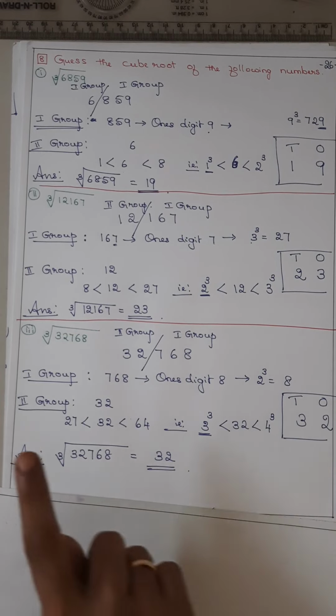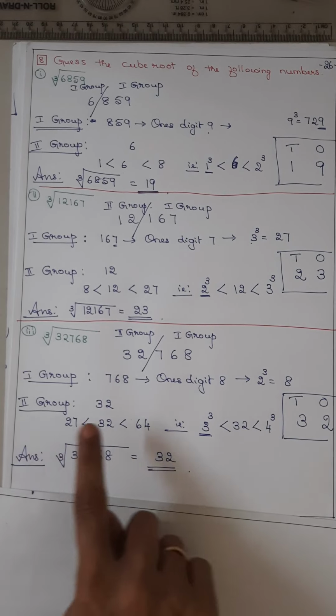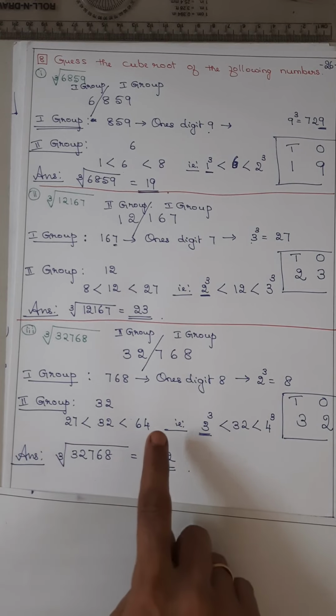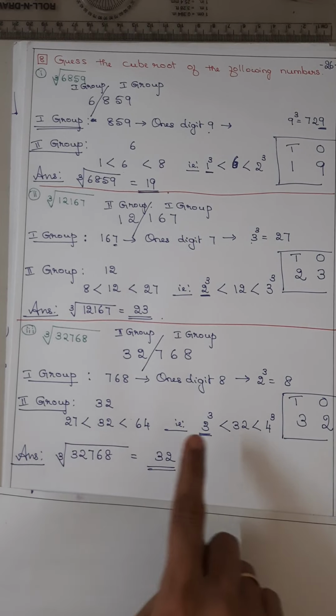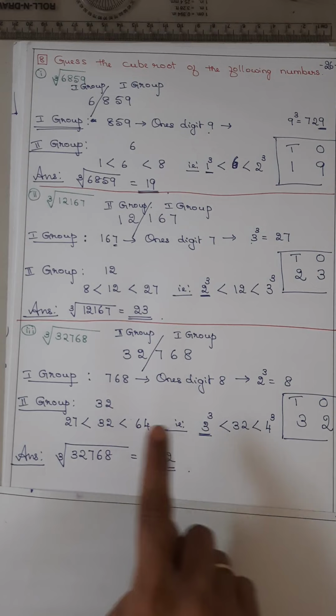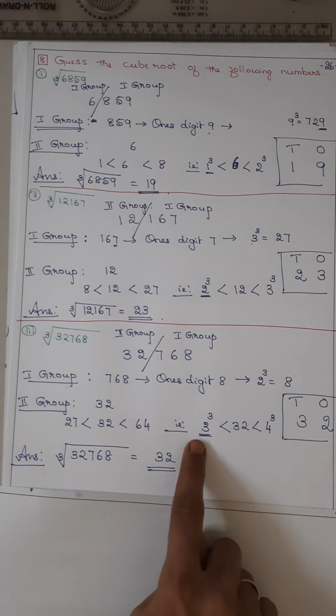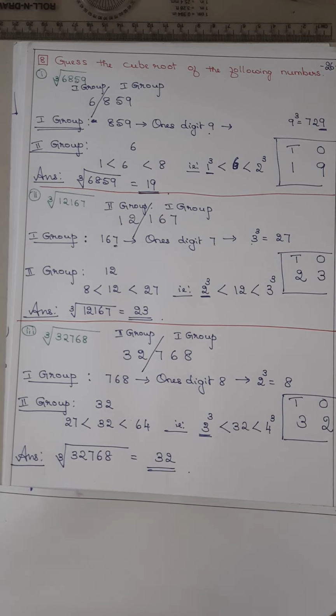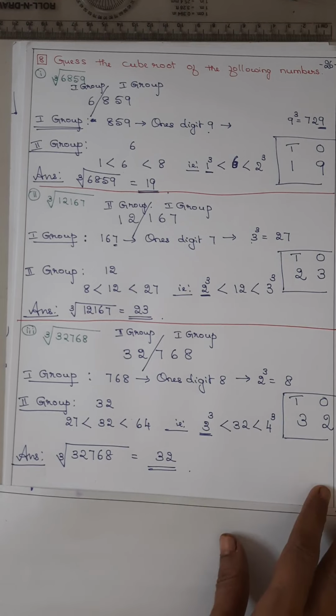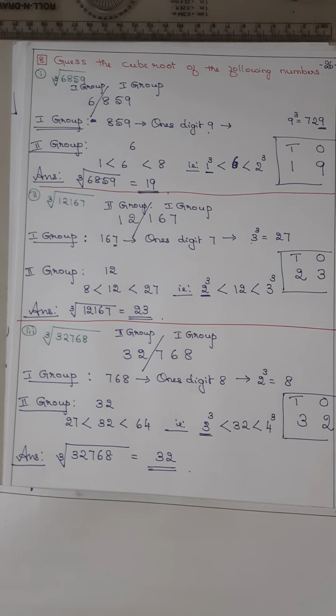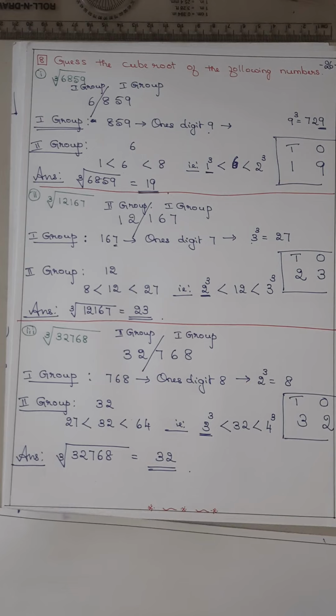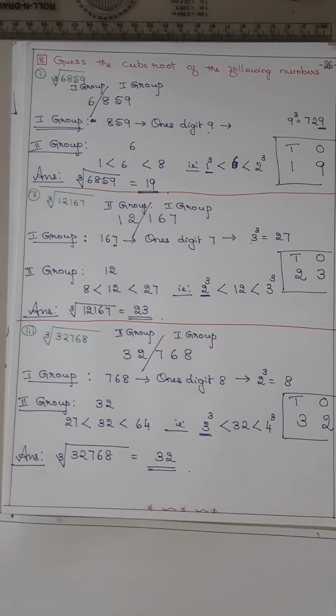Then for tens place, see the second group, 32 comes between 27 and 64. 27 is a 3 cube and 64 is 4 cube. So put the smaller digit, that is 3. Answer is 32. So we have completed the full lesson, cubes and cube roots.